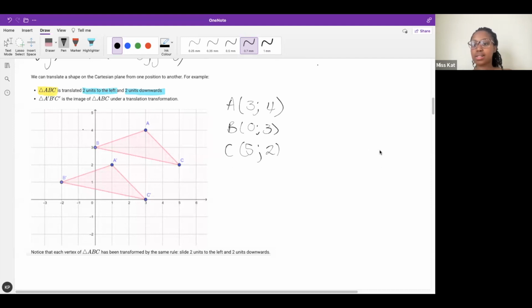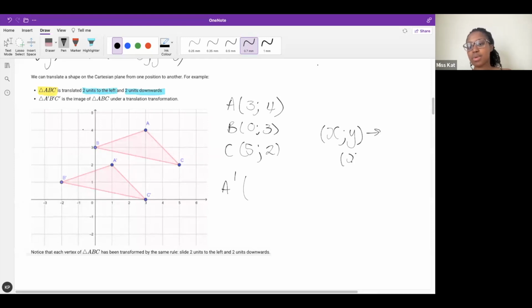If you are in an exam setting and you want to move this original shape according to the instructions, these are the steps you're going to do. If they say we're going to move it 2 units to the left, what does left mean, guys? Is left addition or subtraction on our x-axis?